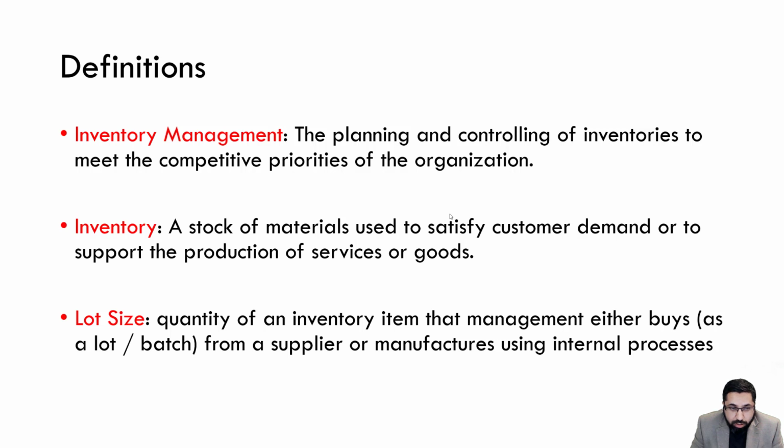Now, when we start talking about inventory in this part 1, we are going to talk about a lot size or a batch size, or sometimes called an order quantity. All these terms refer to a quantity of inventory that moves in the system or that is produced in one go.